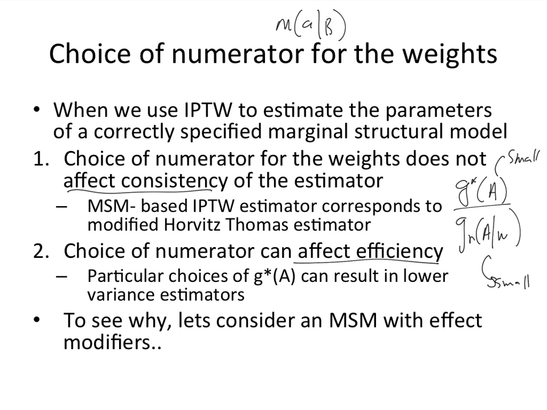One way to do that is just to make G star A equal to P in A. That is, what's the empirical probability of receiving that treatment in our population? You just count the proportion of people that got A as 0, the proportion that got A as 1, etc.